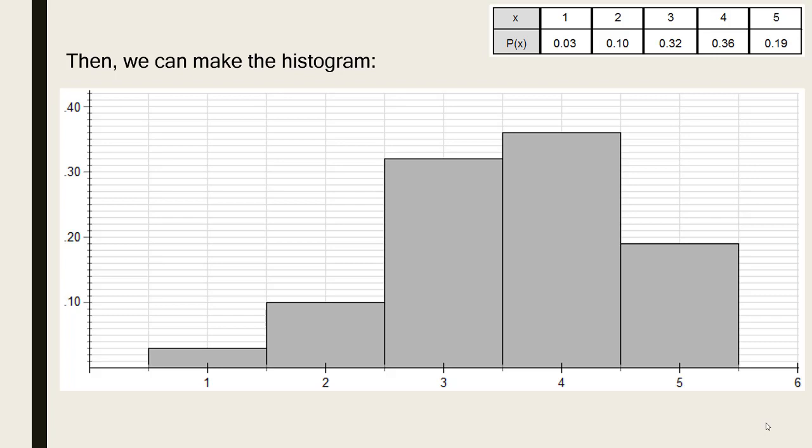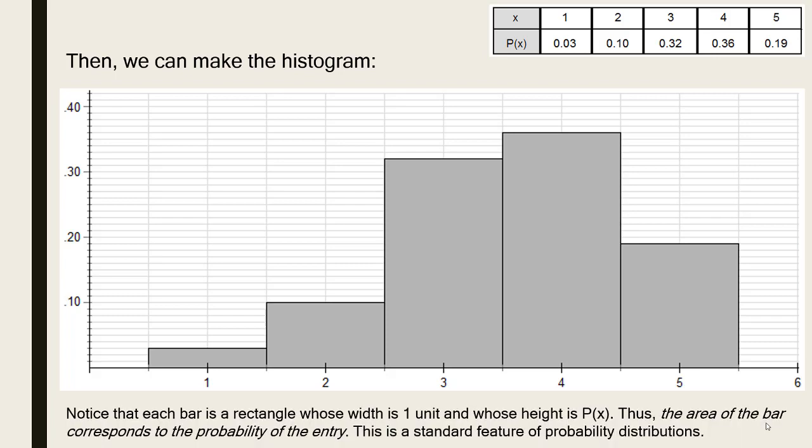One thing you want to notice about these histograms is that each one of those bars is a rectangle, and the width of that rectangle is 1, the height is the probability. And so if you remember how to find the area of a rectangle, area is always length times width. So if the width is 1, because these bars are 1 unit across, and the height is the probability, the area of each bar will actually end up being the probability of that entry.